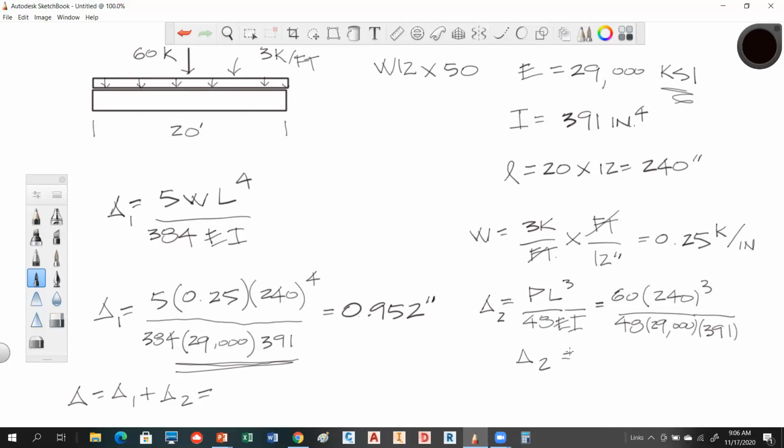So 240 cubed times 60 divided by 48 divided by 29,000 divided by 391. I came up with a heck of a lot more deflection. I get 1.52 inches of deflection.